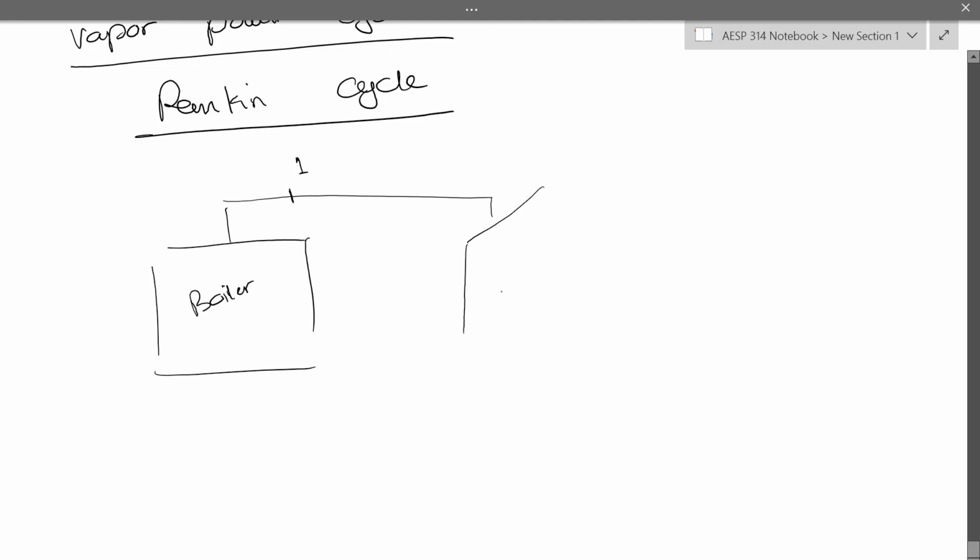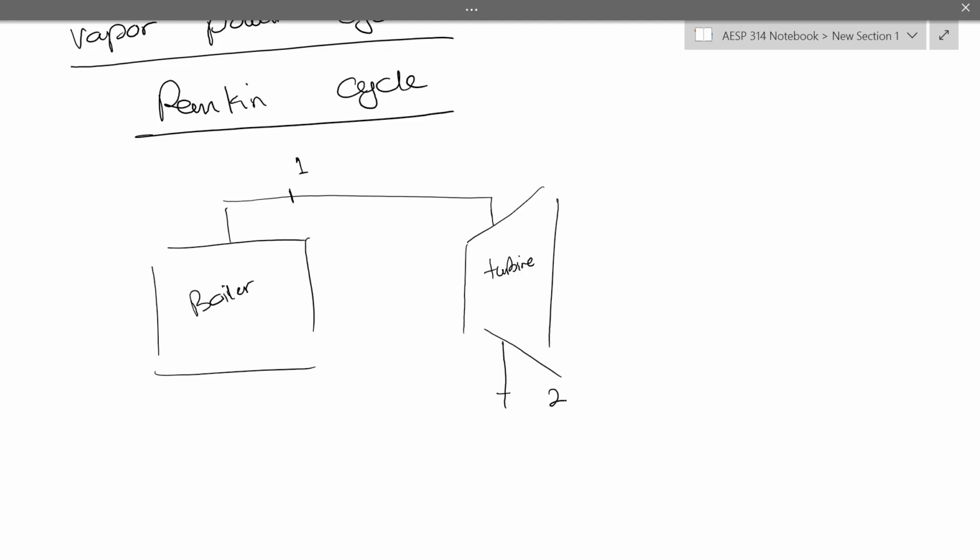Then you go to a turbine. After the turbine, you have a state 2. And in this process, your gas has expanded, right? Your vapor has expanded and lost some of its energy, right? And then we are going to have a condenser.